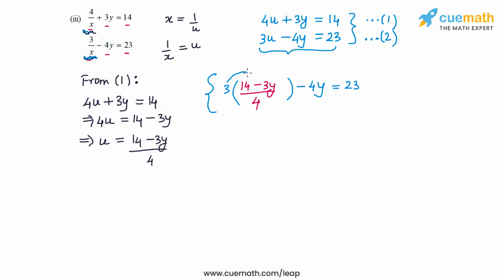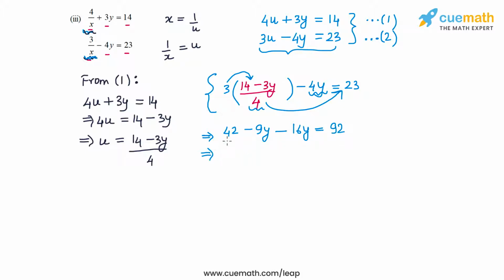So we multiply 3 by 14 minus 3y, so we get 42 minus 9y, and then we have this 4 here and minus 4y here, so this becomes minus 16y, and a 4 underneath all these terms, which I can take to the right side and multiply with the RHS, and this becomes 92. 23 times 4 is 92.